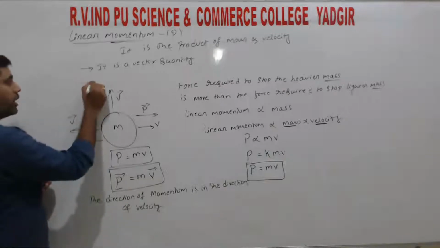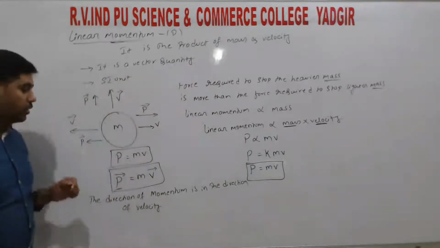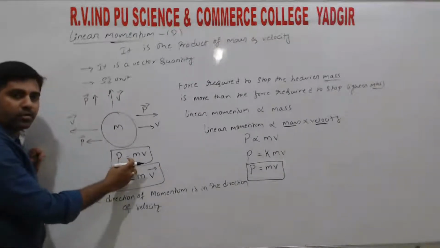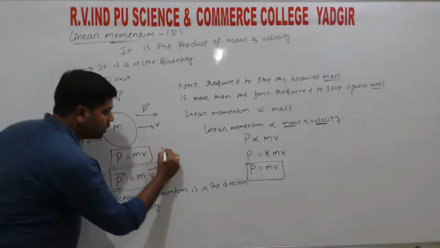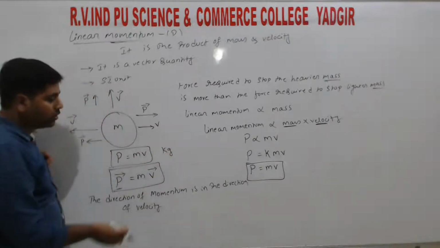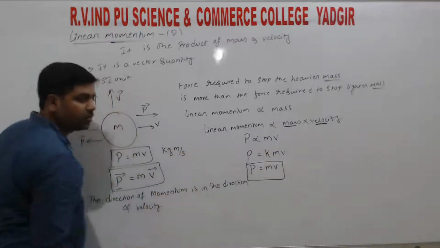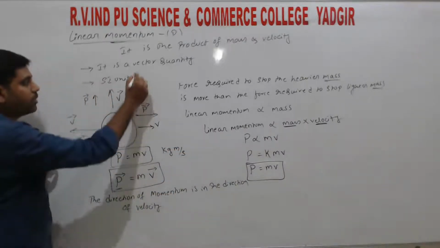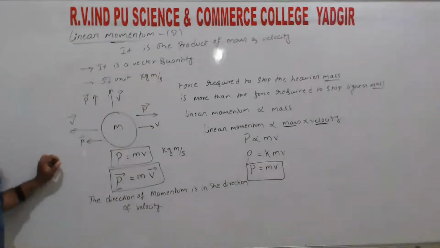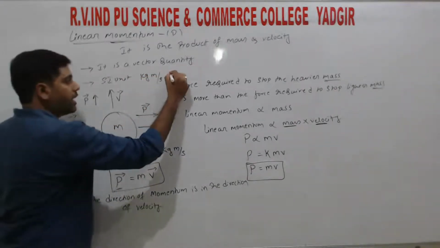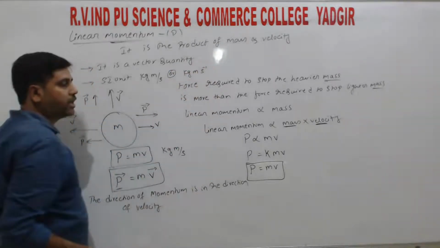So the next point is SI unit. We define momentum as the product of mass into velocity. The SI unit of mass is kg, and the SI unit of velocity is meter per second. Then the SI unit of momentum is kg meter per second, or we can write this as kg meter s to the power minus 1.